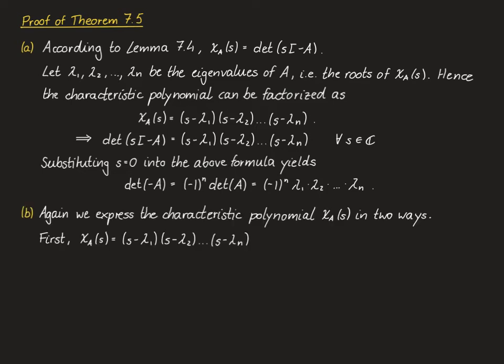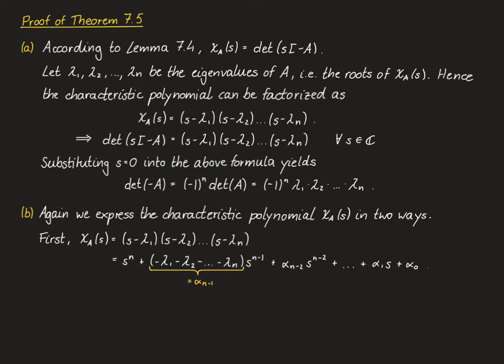For the proof of part B, we again express the characteristic polynomial chi A of s in two different ways. First, in a factorized form, as we did in part A. And now we start to multiply these terms in order to get an explicit expression for the characteristic polynomial.